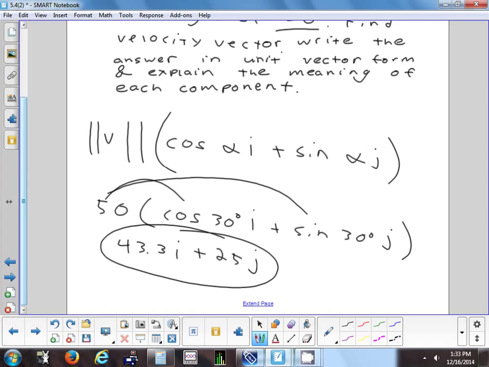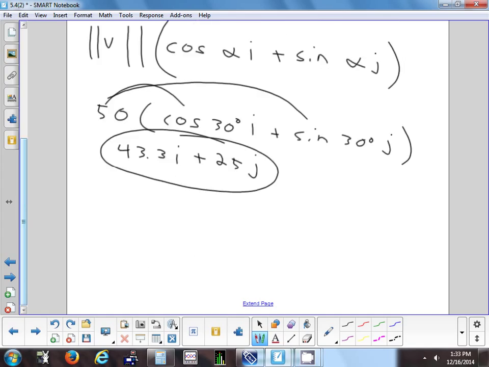So I know the object is traveling 50 miles per hour at a 30-degree angle, but this 43.3 means something else. Yep. It's going 43.3 miles per hour horizontally and 25 miles per hour upward.